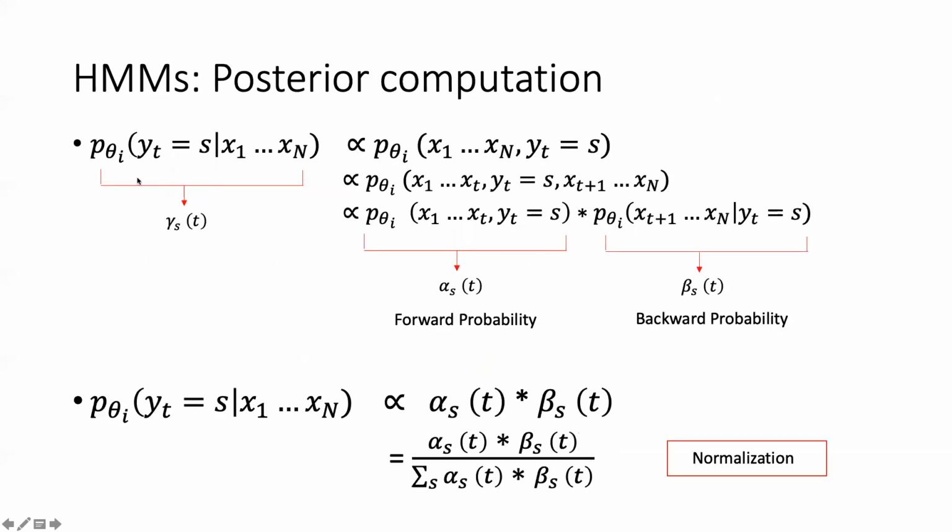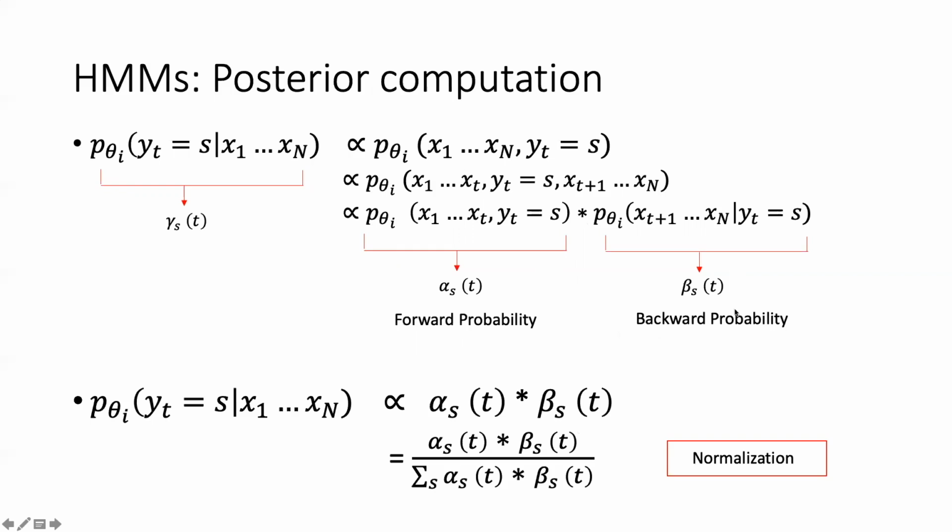The posterior p_theta_i of y being in the state s given the observation sequence is proportional to the joint distribution, and we can rearrange the terms here. Remember, we defined alpha and beta parameters as forward and backward probabilities.